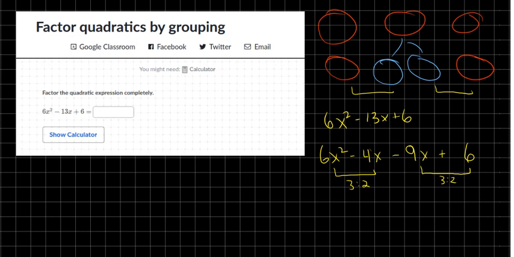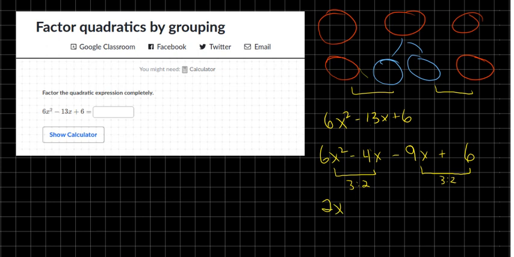factor out 3x here. 3x is, excuse me, 2x, that's the greatest common factor here.